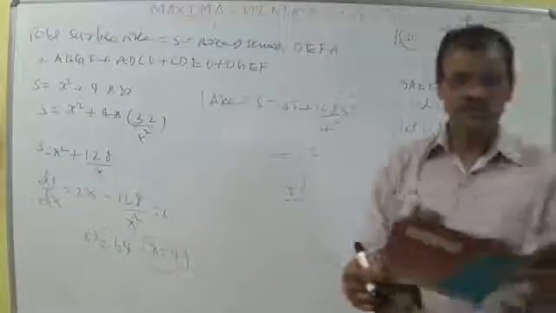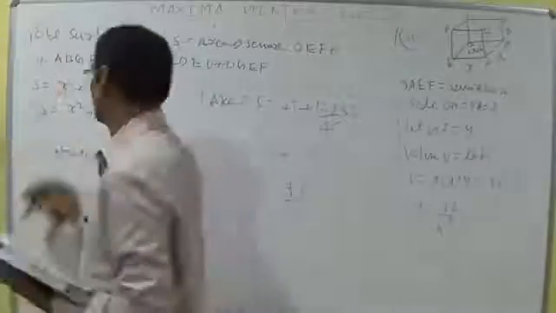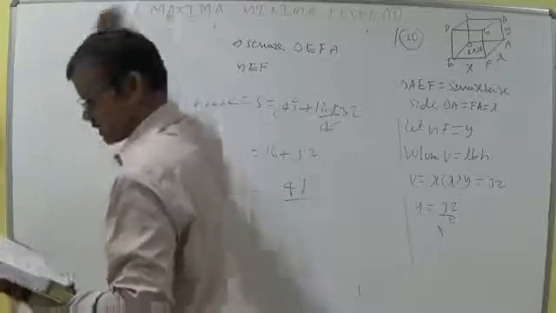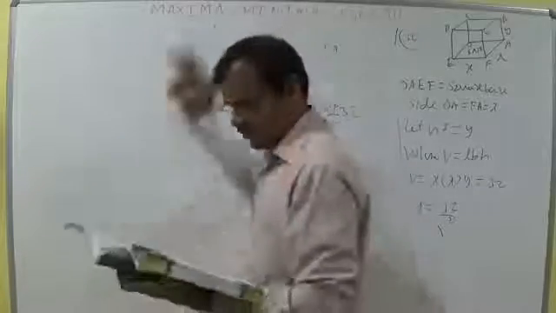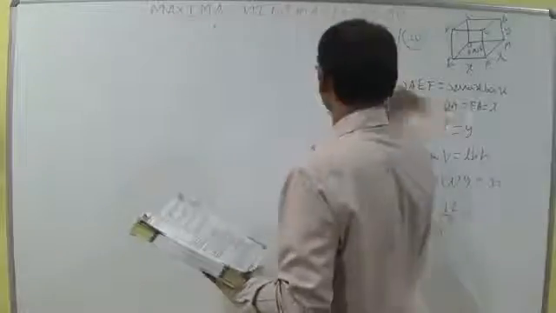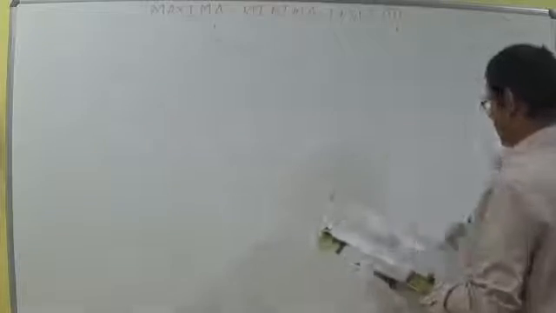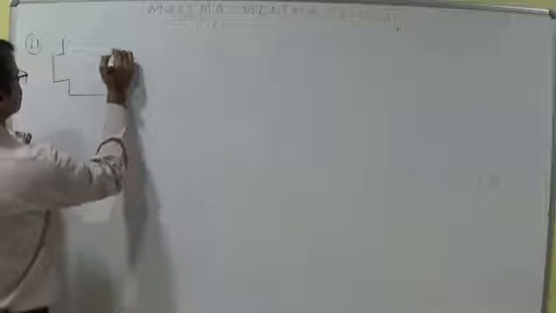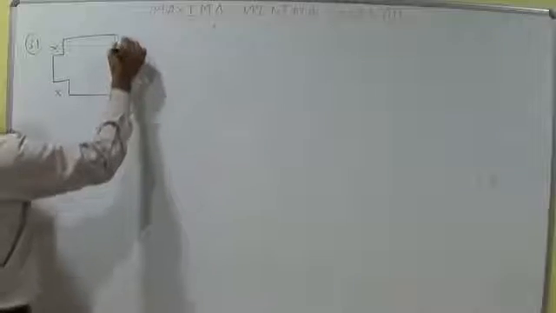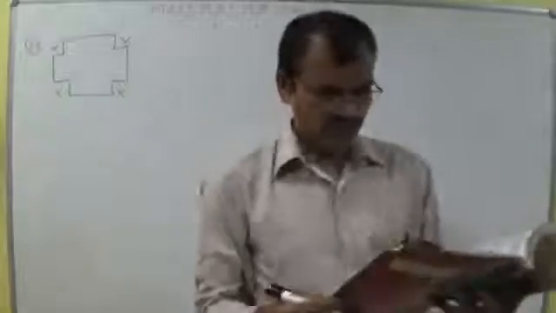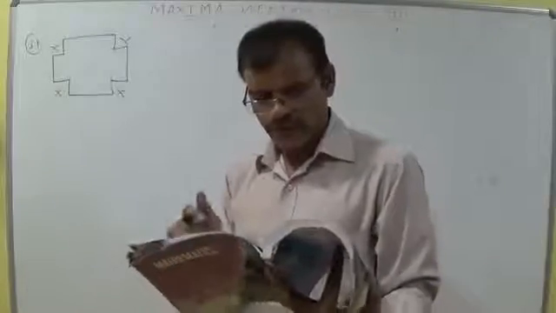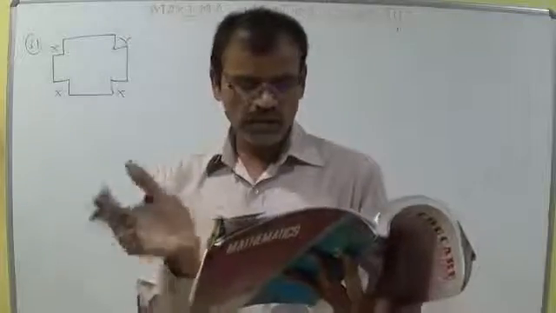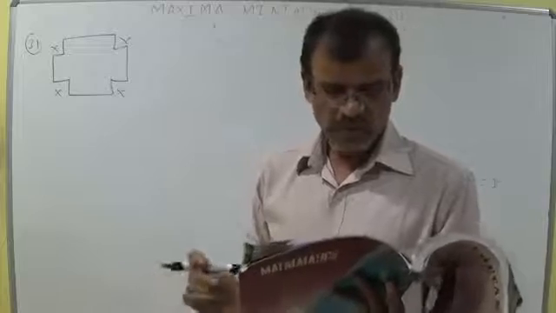Next let us discuss question 31. A box is made from a piece of metal sheet 24 centimeters square by cutting equal small squares from each corner and turning up the edges.